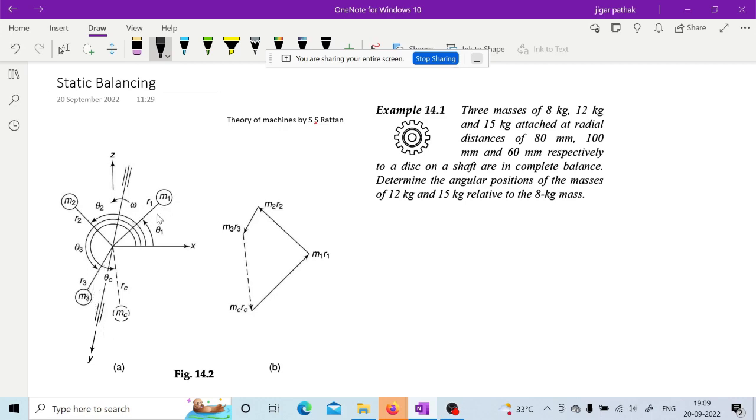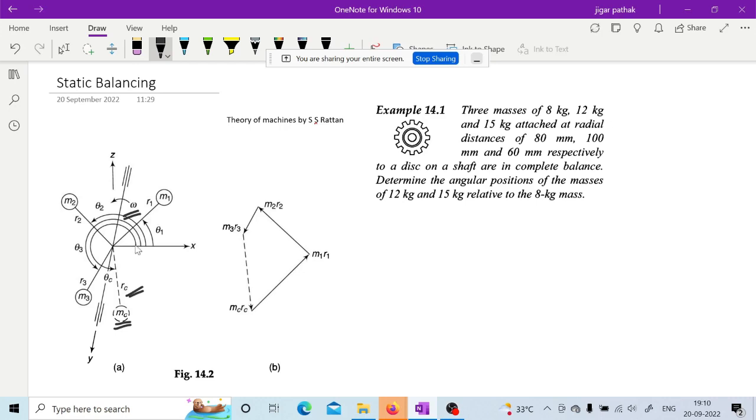If these unbalanced masses are rotating at the same angular velocity omega, then you need to balance these unbalanced forces by providing a balancing mass at a particular balancing radius. mc and rc represent the balancing mass and the balancing radius respectively.